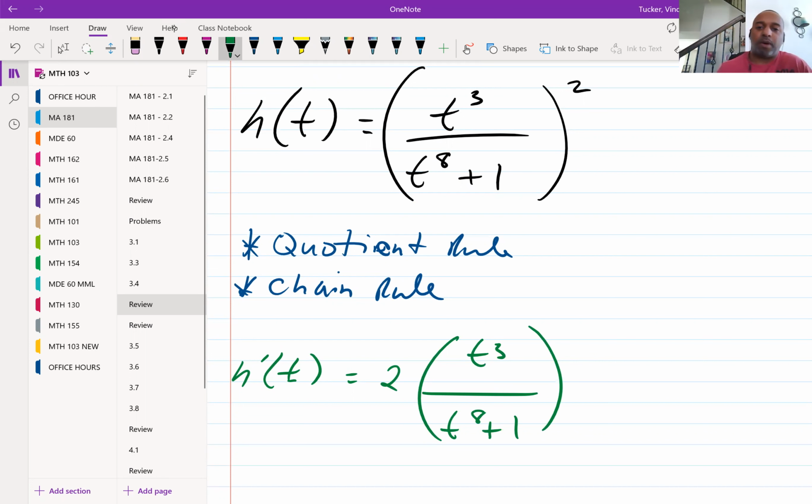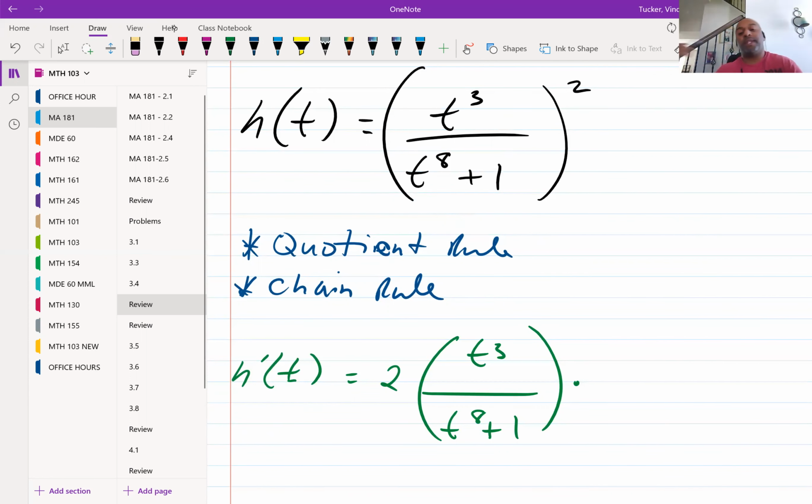And so that's the first part of the chain rule. Like I said, bring the exponent down, which is 2. Then leave what's inside intact, but subtract 1 from the exponent. And then we're going to multiply that by the derivative of the inside.